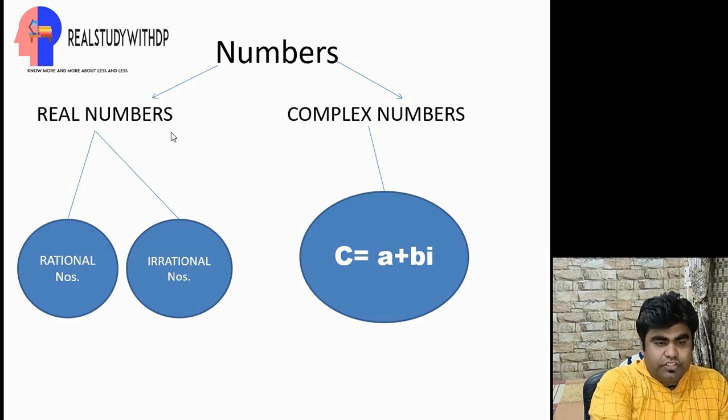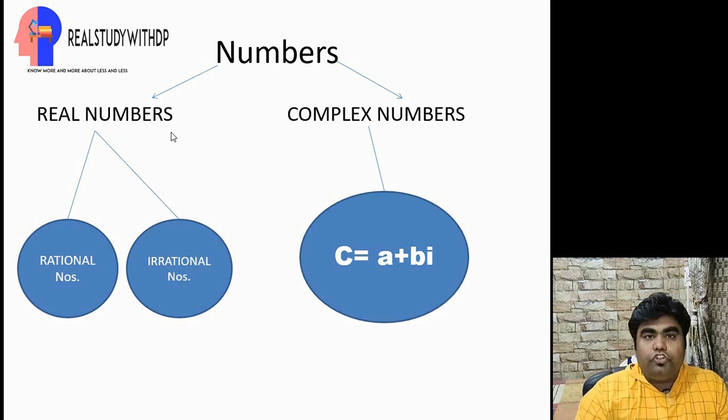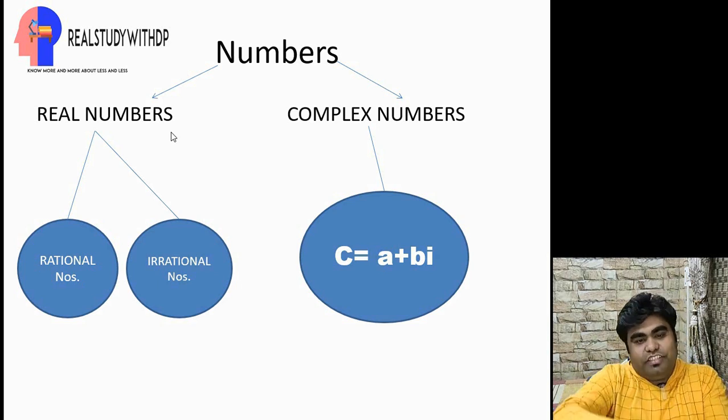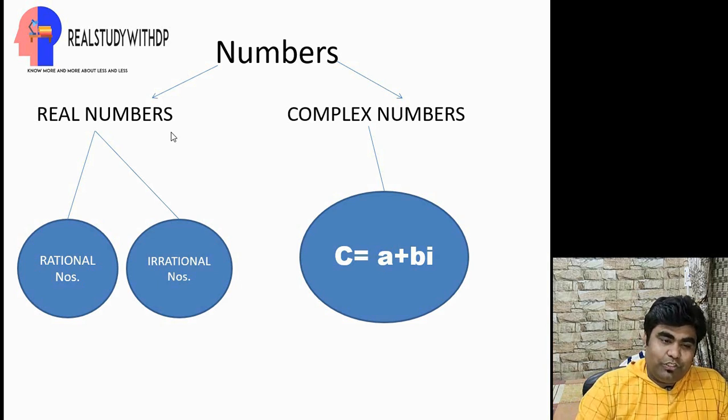Let's start with the real numbers, because in class 10th the first chapter is named real numbers in mathematics according to the CBSE or the NCERT. So what are real numbers, by the way? Well, real numbers are all the numbers except the complex numbers.